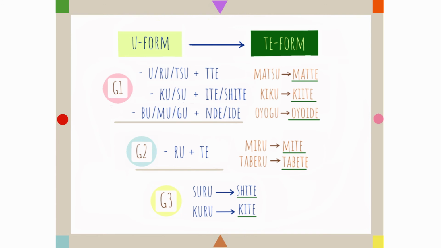Group 3, please remember each of them. する、して、来る、来て。There is no rule for Group 3. As you can see, te form conjugation of Group 1 verbs is very tricky. It would be better to remember a few examples rather than 3 rules each.